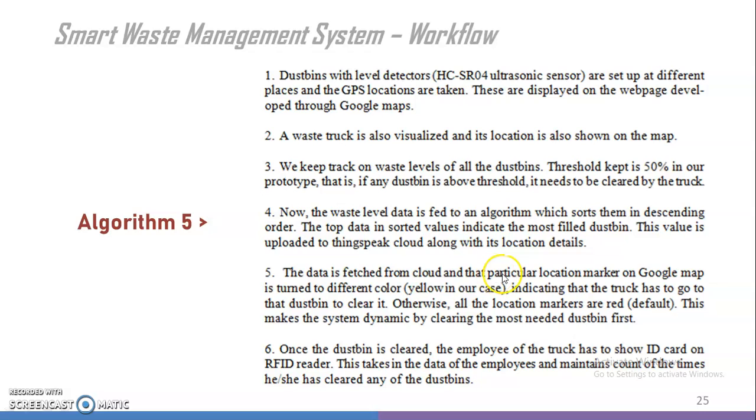The data is fetched from the cloud to the web page we have developed, and on the Google Map the location marker of the most filled dustbin is turned yellow. The others are marked red, which is the default location marker. We will see this image or output in the result section afterwards. This makes the system dynamic, and the most needed dustbin which has to be cleared is cleared first.